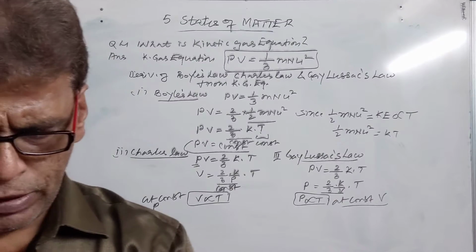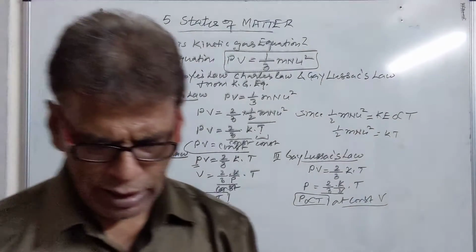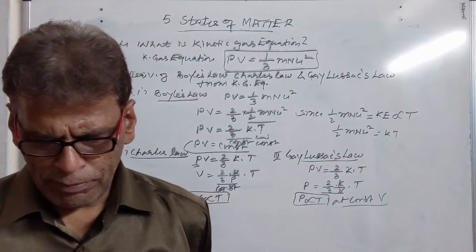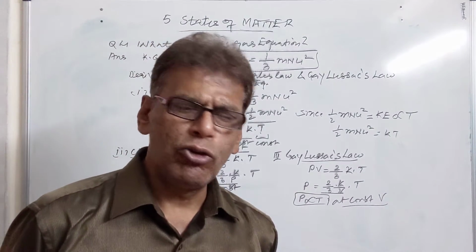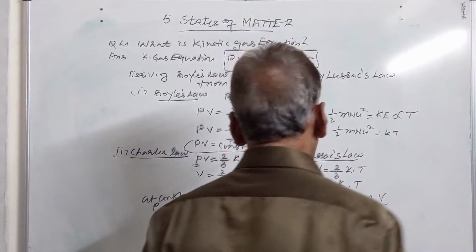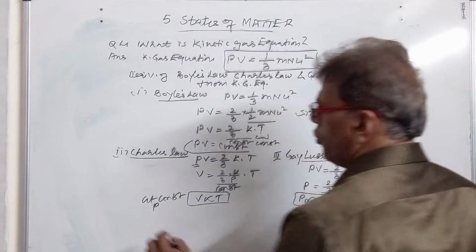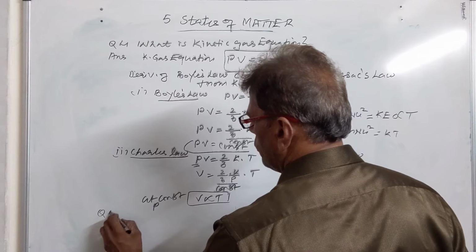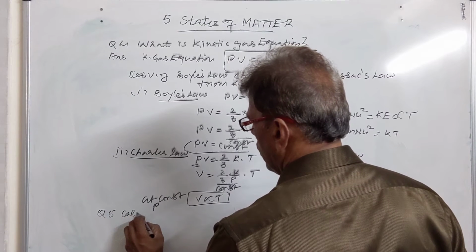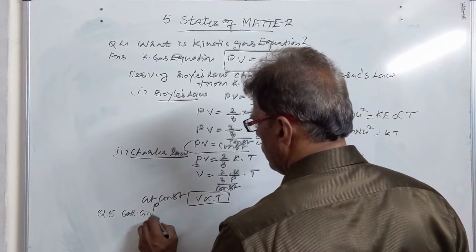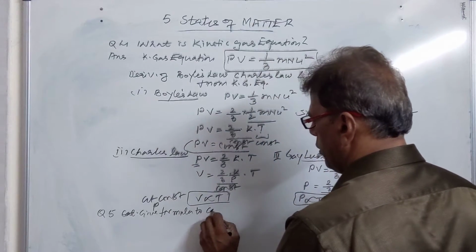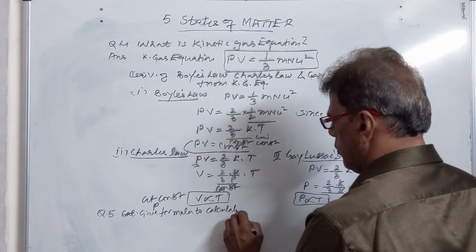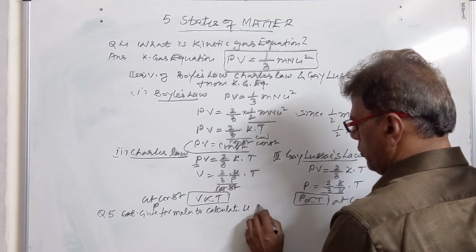Now we are discussing the different ways of calculating the root mean square velocity from this formula. Give the formula to calculate root mean square velocity.